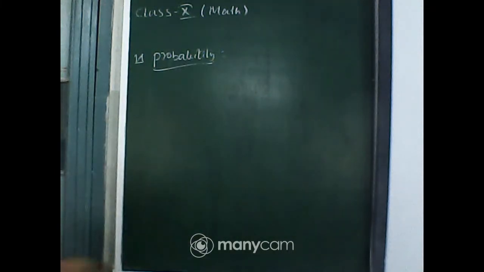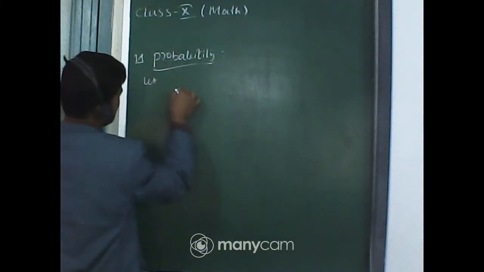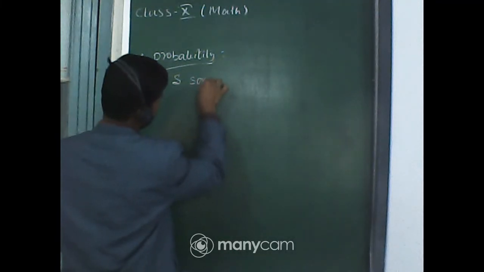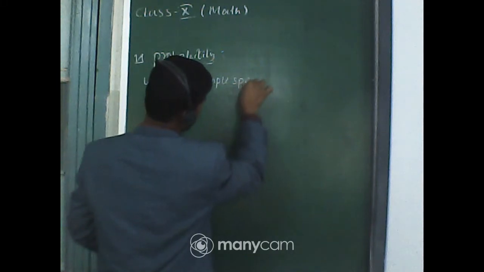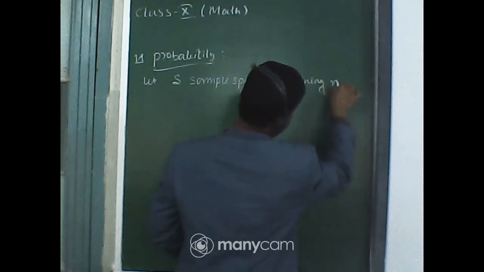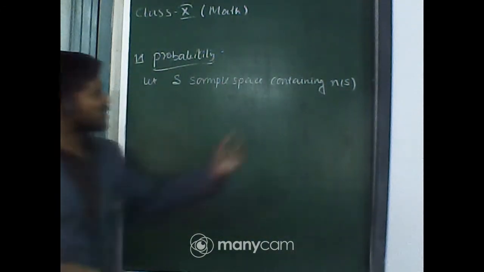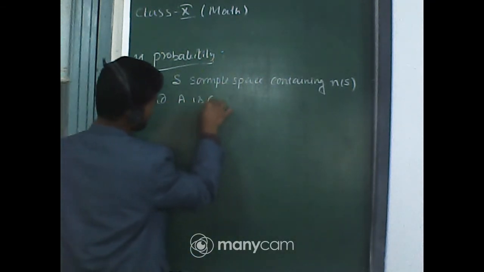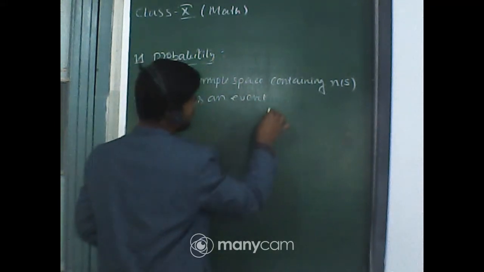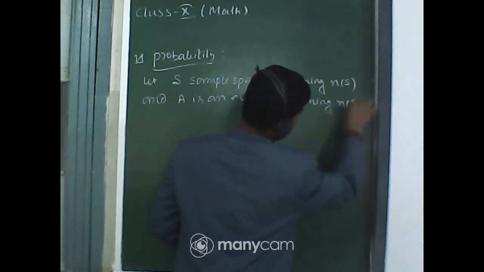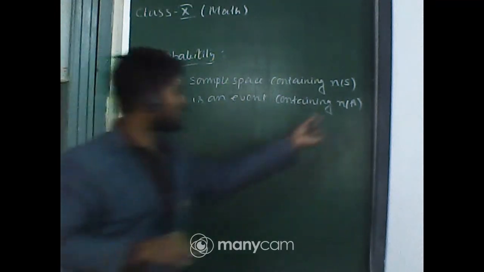Let S be a sample space corresponding to any random experiment, containing n of S elements, meaning the number of elements in the set S is n of S, and A is an event containing n of A elements, meaning the number of elements in the set A is n of A.